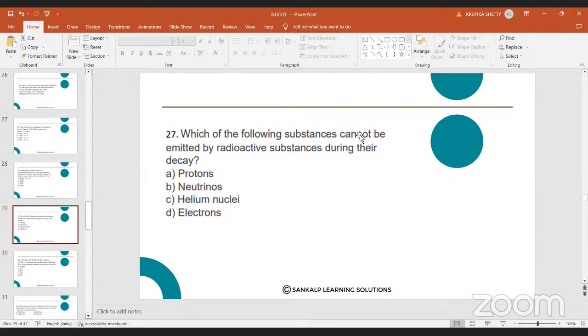Which of the following substances cannot be emitted by radioactive substances during their decay? Okay, you just tell me the answer.